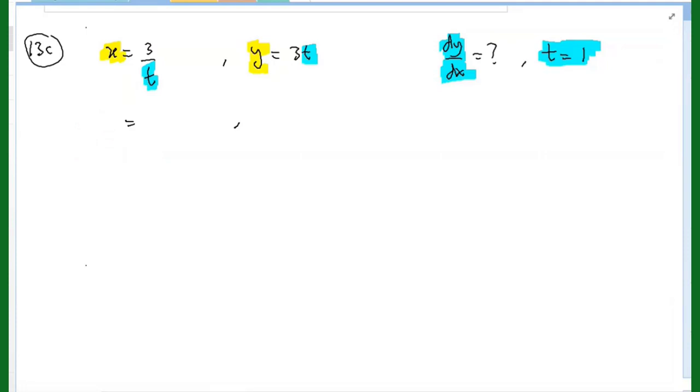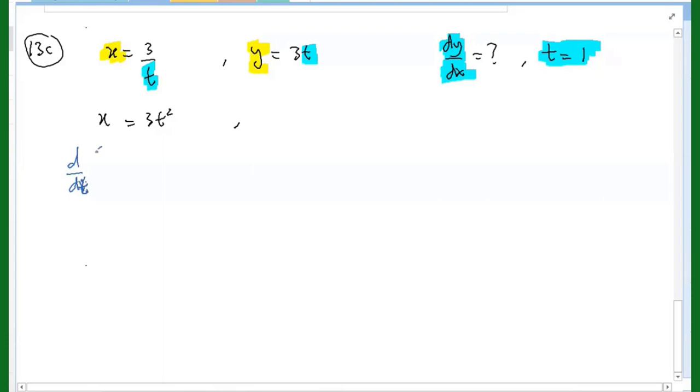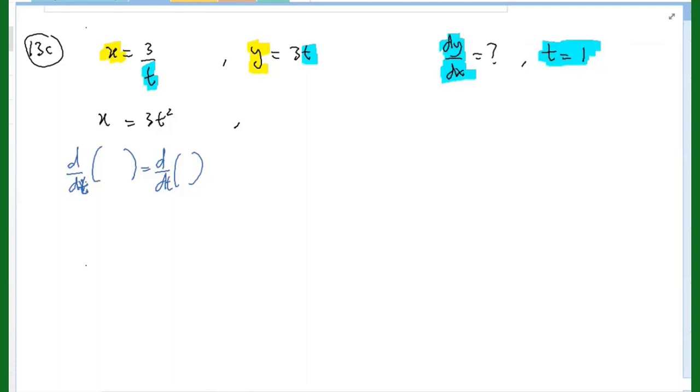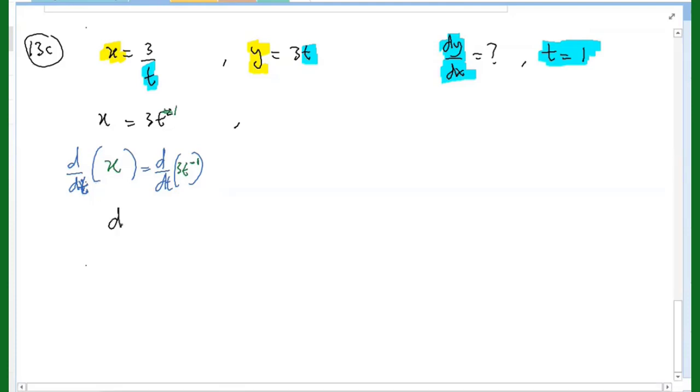This one is x. Bring up the power: x is 3 t to the power of negative 1. Differentiate with respect to t, so we get dx over dt. 3 is a constant, and differentiating t to the power of negative 1 is the same as differentiating x to the power of negative 1 with respect to x.